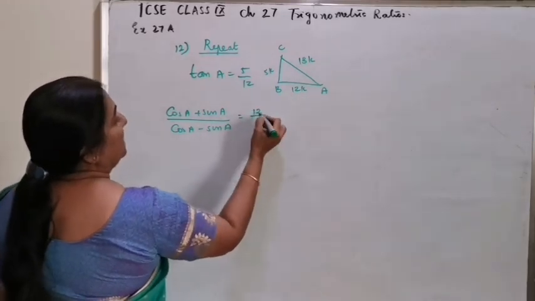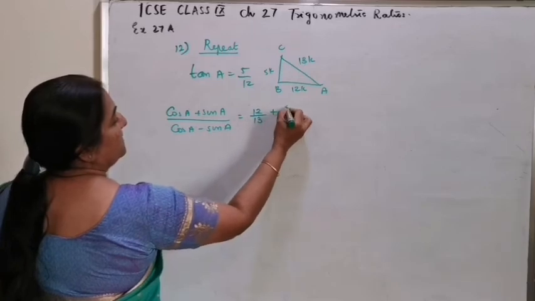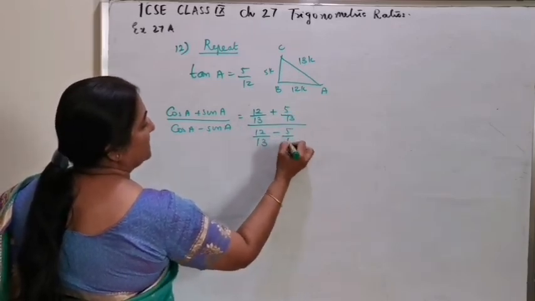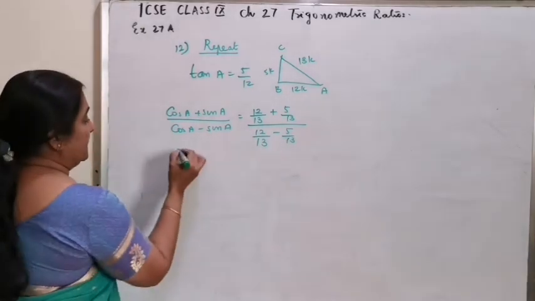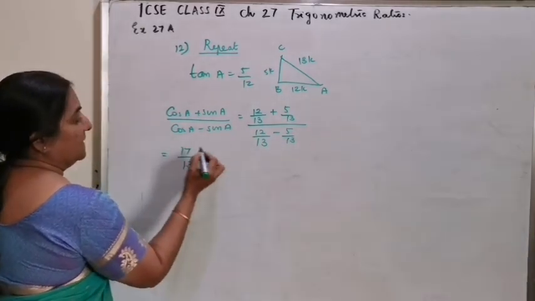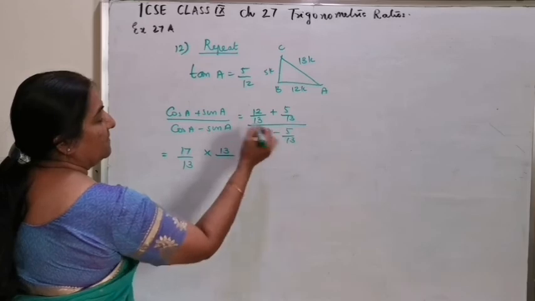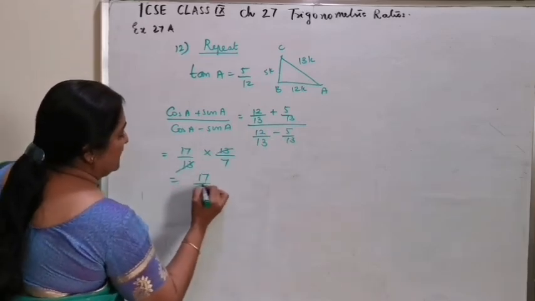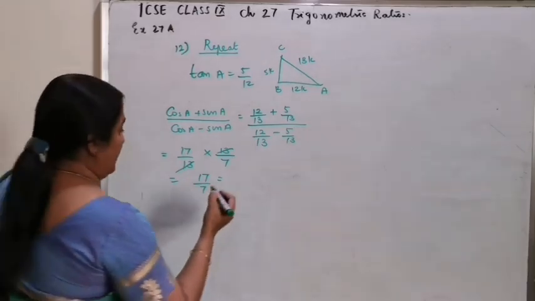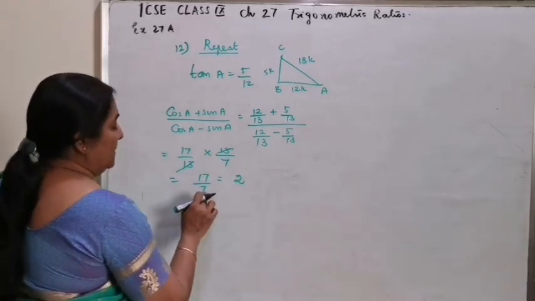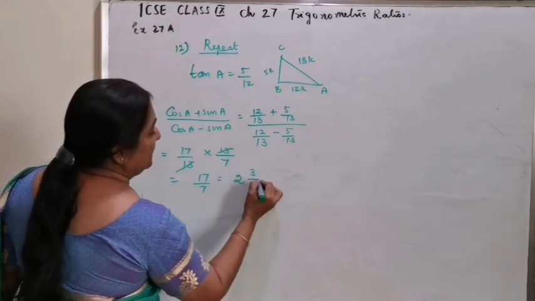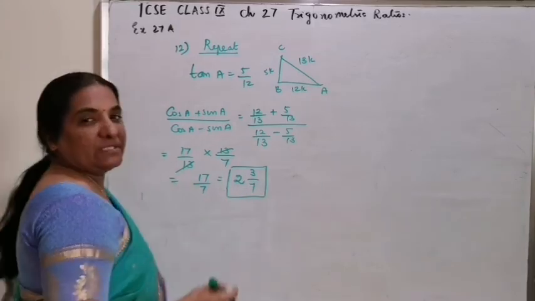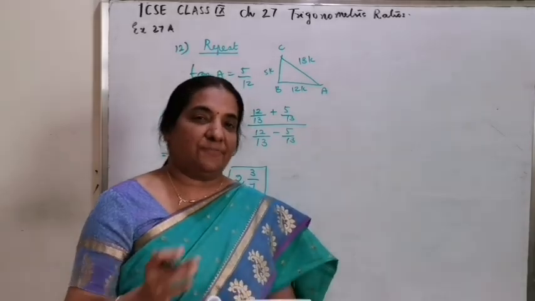Cos A is 12 by 13, plus 5 by 13, divided by 12 by 13 minus 5 by 13, that is 17 by 13 into 13 by 7, which is 17 by 7, or 2 and 3 by 7. Kindly check question number 12 in this exercise from this video.